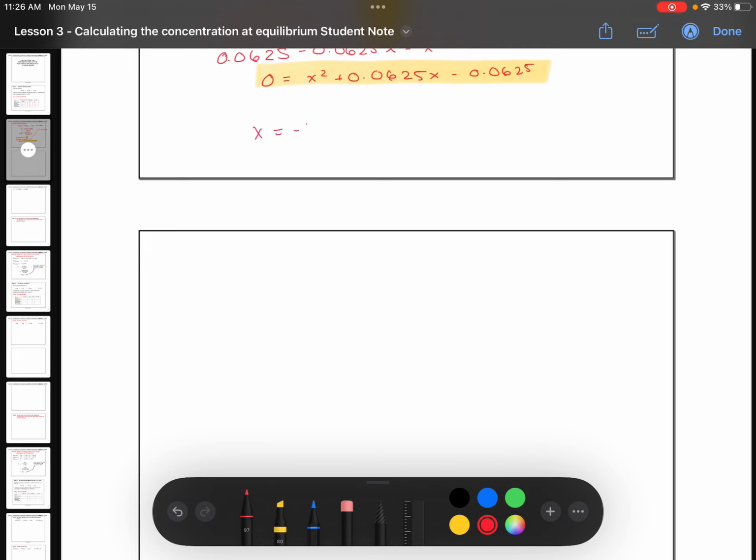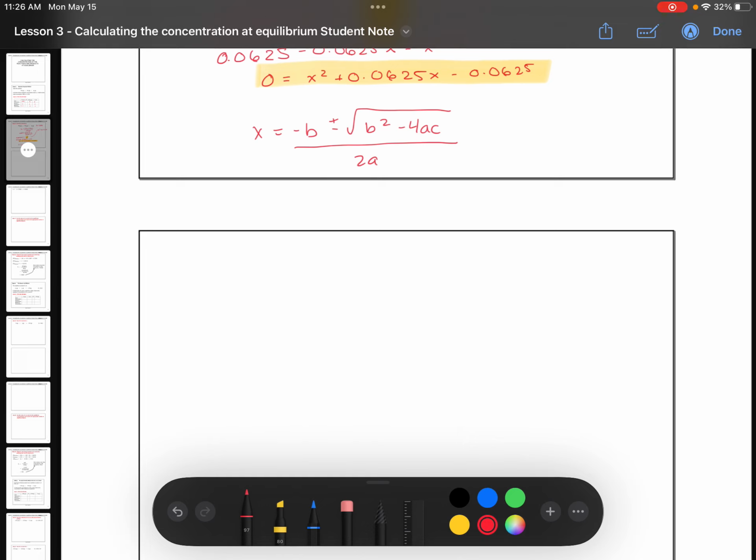So I'm just going to scroll down a little bit. So we're going to put this information here into our quadratic formula, which we know our quadratic formula is x equals negative b plus or minus the square root of b squared minus 4ac, divide that all by 2a. And you must memorize our quadratic formula, okay?